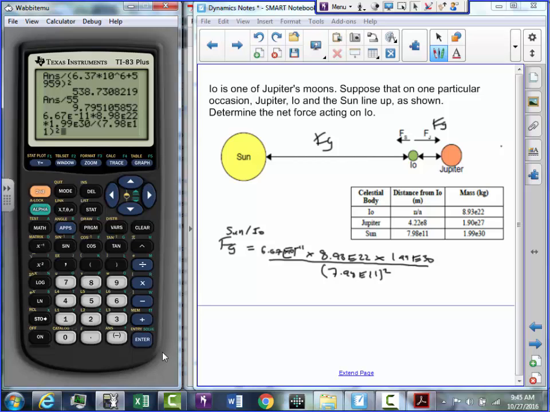You may find that more convenient than always typing times 10 to the power of.